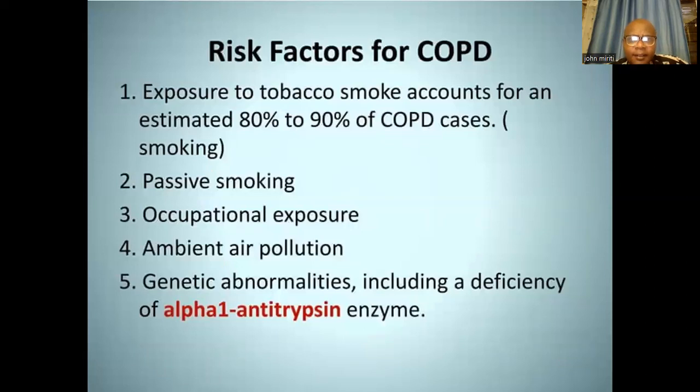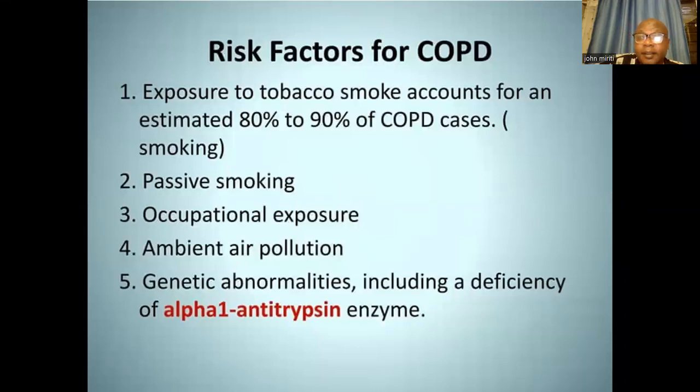So, what are the risk factors associated with chronic obstructive pulmonary disease? People who have exposure to smoke, tobacco use, around 80 to 90% are associated with chronic obstructive diseases.